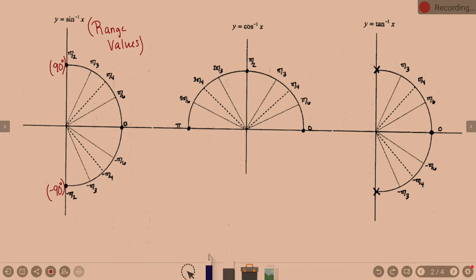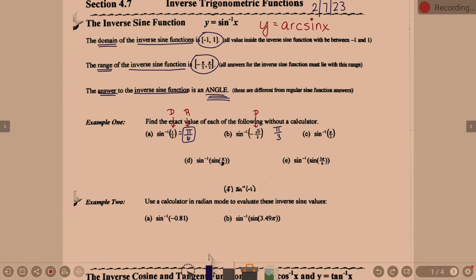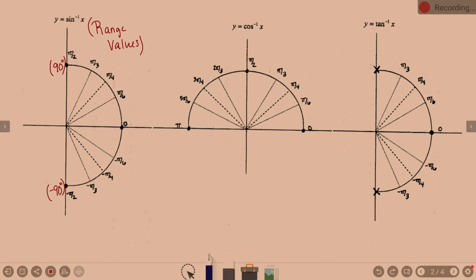So what that's saying is, when does sine equal square root of 3 over 2? And in quadrant 1, and on my basic 3 reference angles, it's at pi over 3, yes? Now, what do we know about quadrant 1, though? Everything is positive. So, my choices are quadrant 1 or quadrant 4.